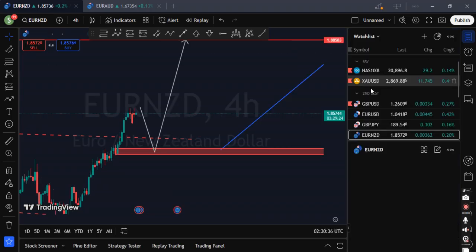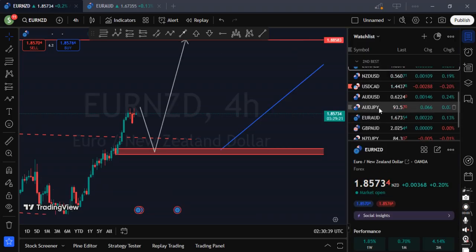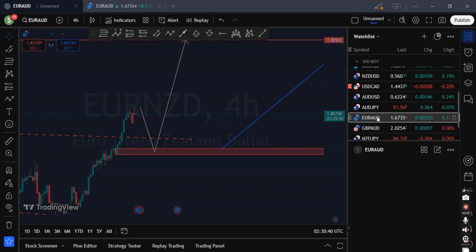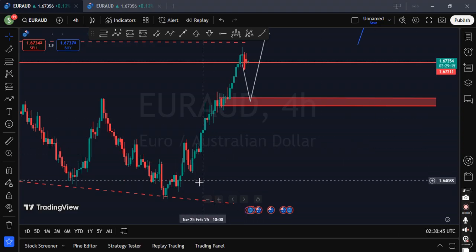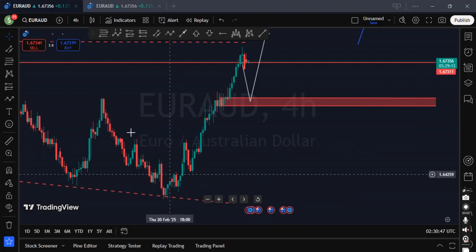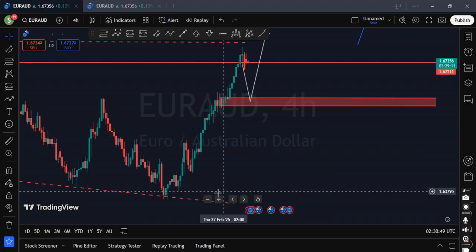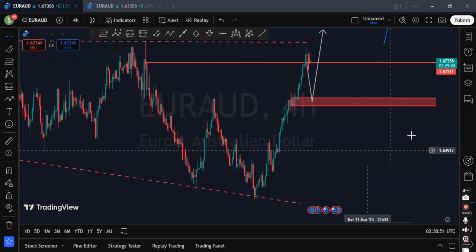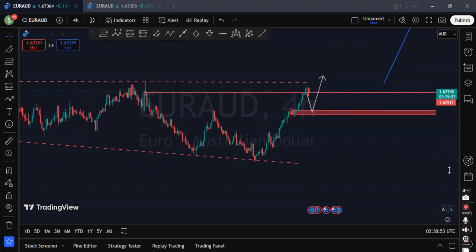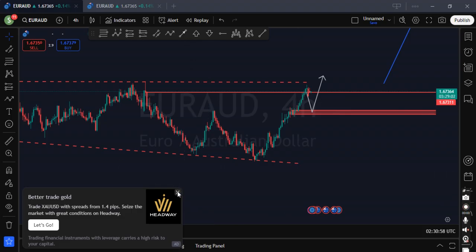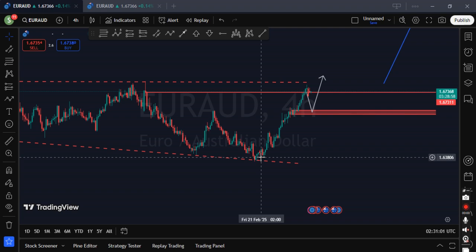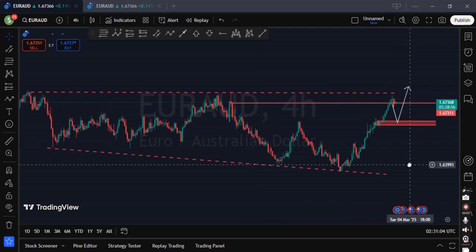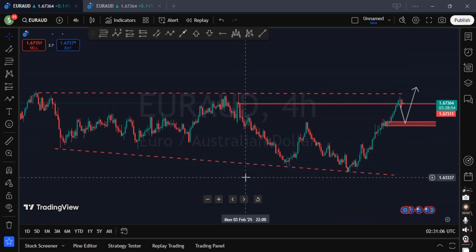Done with this one. So moving on to the last one, the one we analyzed last week, which is Euro AUD. Also, we caught it when it was here. So I'm expecting the same thing from Euro AUD as what I expect from Euro NZD, which makes sense because these are positive correlations.